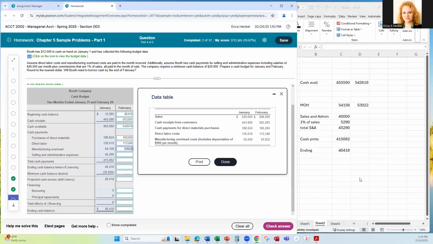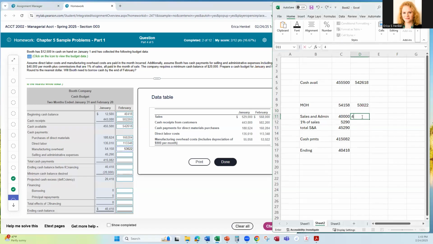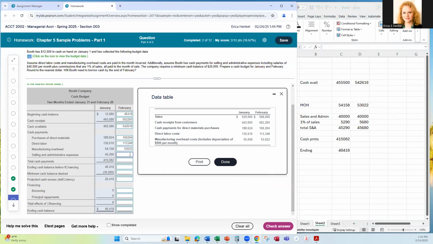And then our selling and administrative is going to be the same thing, 40,000 plus 1% of sales. And so that gets us to 45,680.